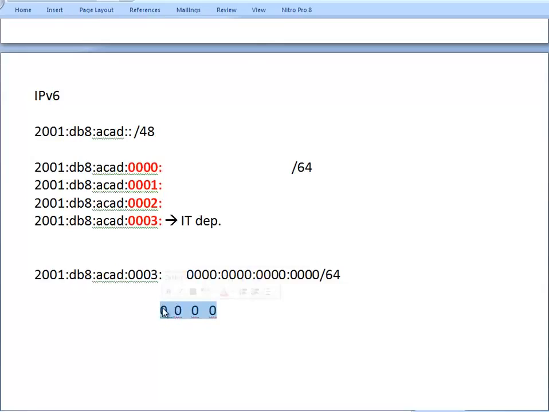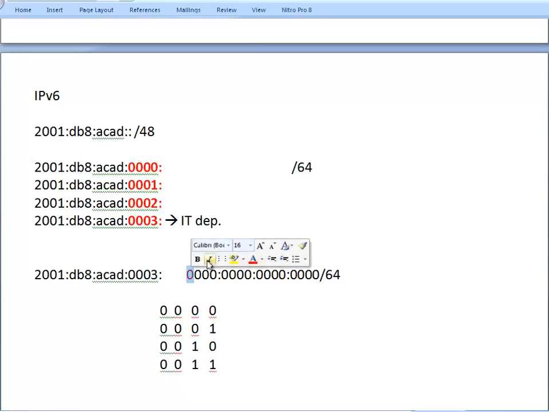The first subnet, for example, will be 0000. The second subnet will be 0001, the third subnet will be 0010, the fourth subnet 0011, and so on. So you can create quite a lot of subnets, 16 subnets on this hex digit, and you have to remember that this is /68 now, not /64.